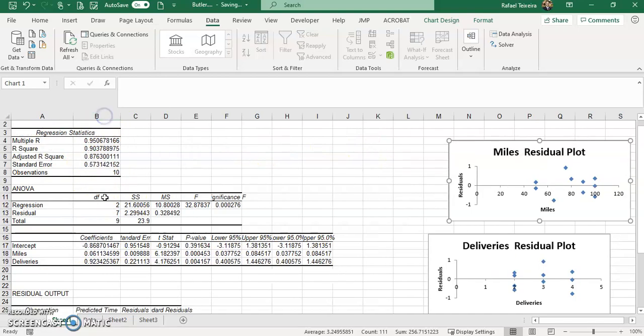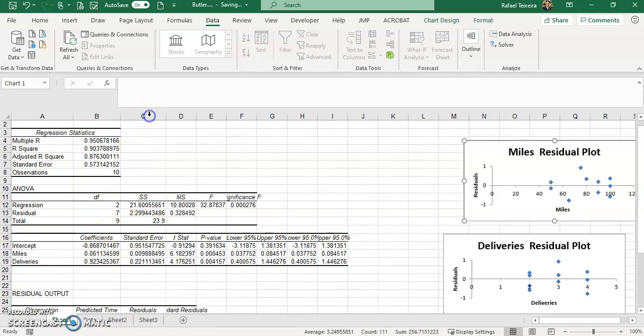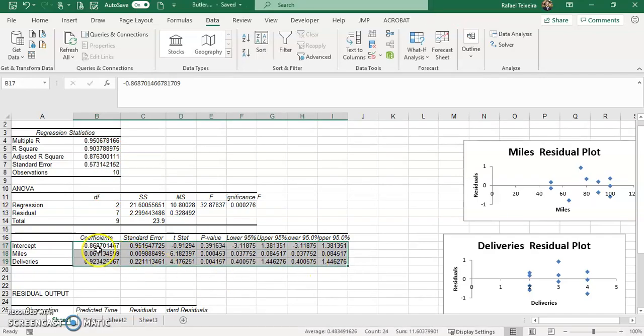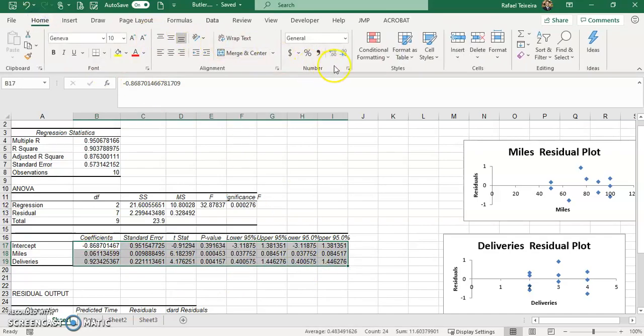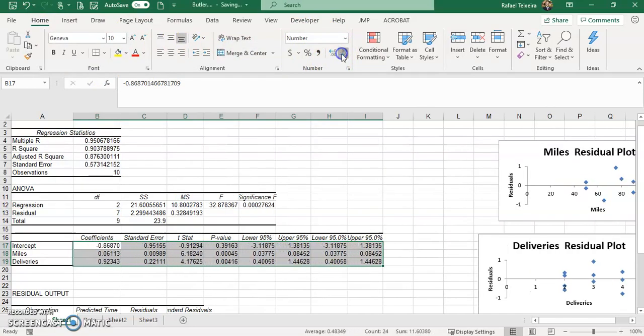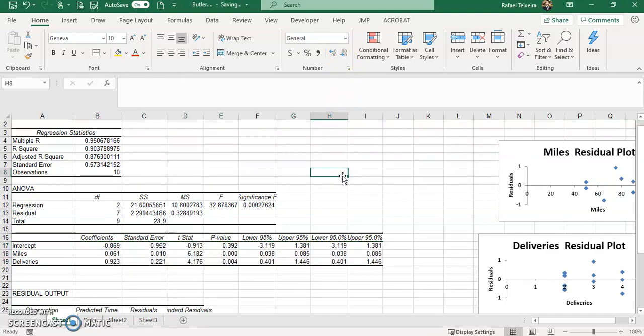Let's take a look at the coefficients, that's what I want to highlight right now. To make everything easier to understand, I'm going to reduce the number of decimal places in these cells. I select all these cells, go to Home, look in the Number group for the decimal places, and reduce them to make them easier to visualize.